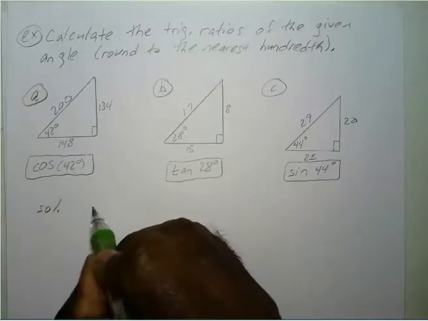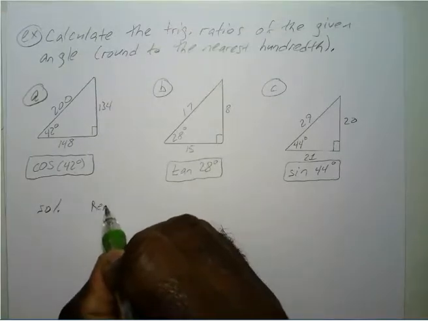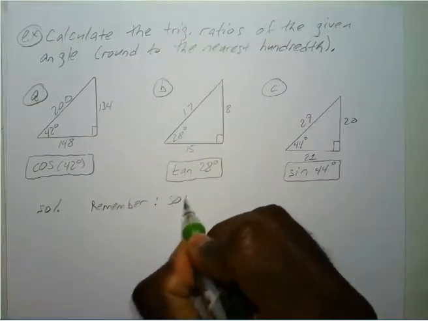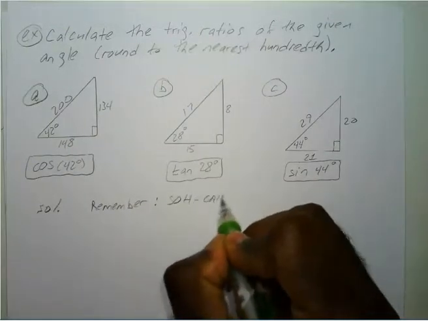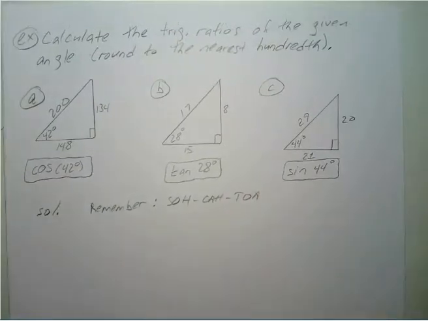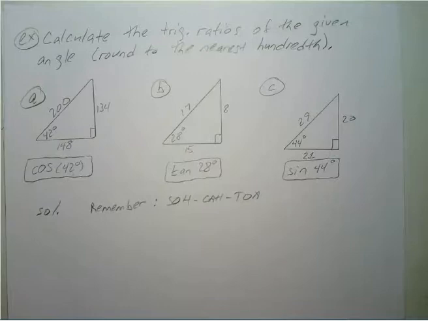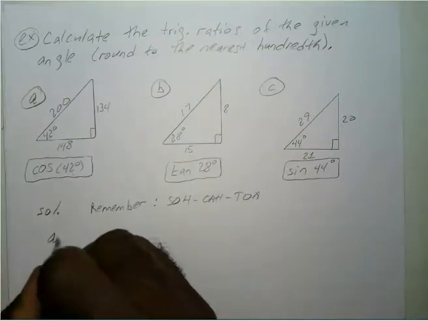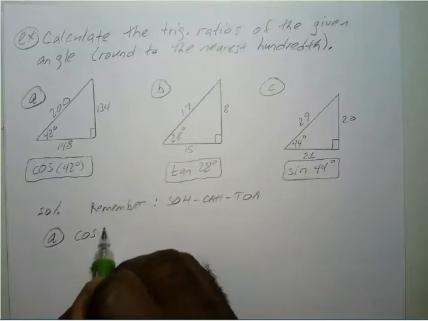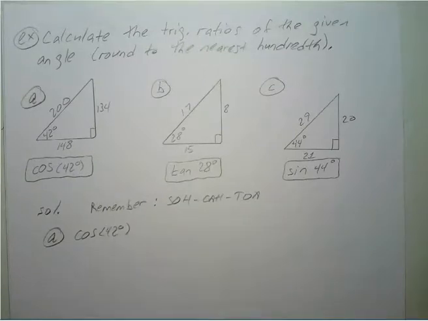Okay, so first thing you want to do is remember your SOHCAHTOA. So for A, you have cosine of 42 degrees.